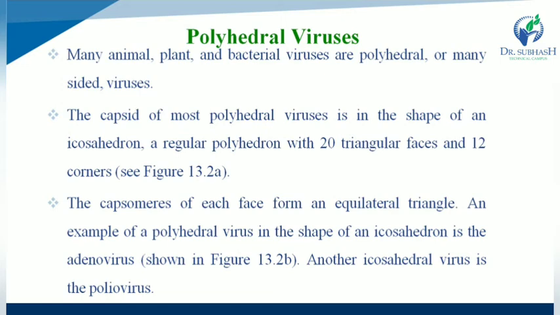The capsomers of each face form an equilateral triangle. An example of a polyhedral virus in the shape of an icosahedron is the adenovirus, and another icosahedral virus is the poliovirus.